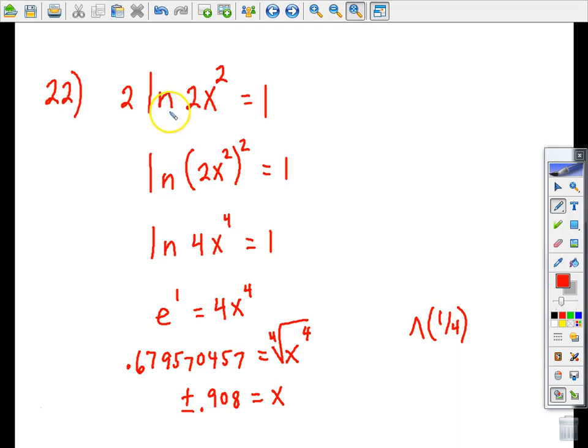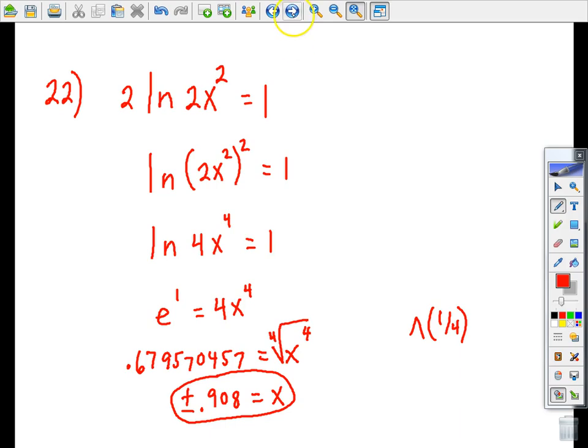So we're not going to be evaluating the log of a negative number. Both of these answers are valid in this case. Okay, so those were two that were a little different. You should not, at least for the ones that you're doing, you should not have to worry about getting two answers on any other problems.